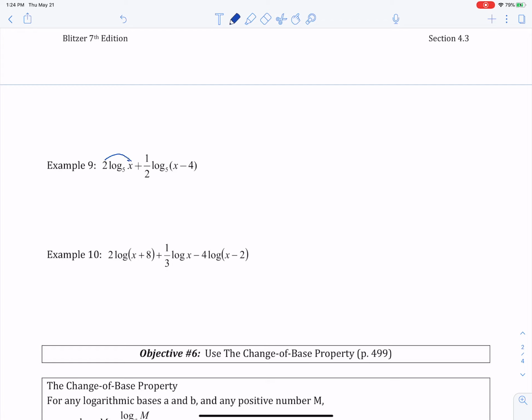We're going to move the numbers here as exponents, and then since that's addition, we're going to have a product rule here with the same base. x squared times x minus 4 to the power 1/2 is the same as saying square root of x minus 4. So pretty much that's my final answer.